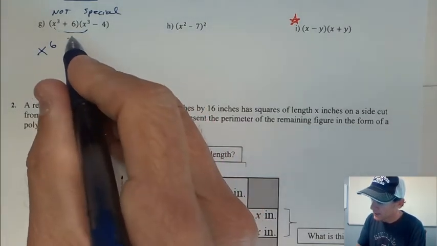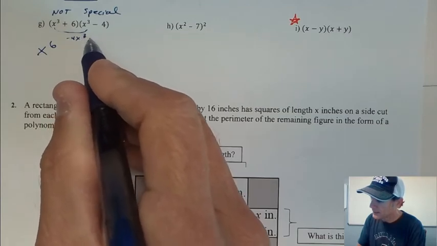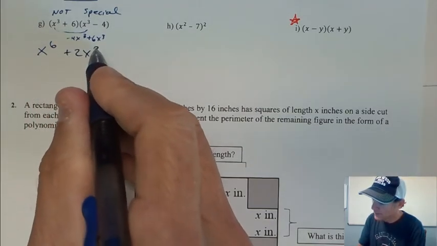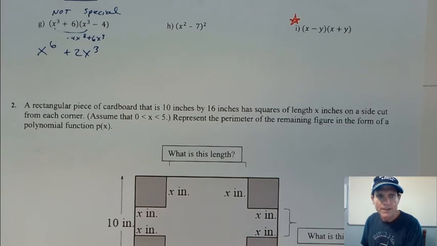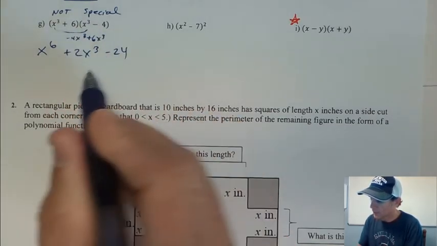Outside is negative 4x cubed. Inside is 6x cubed. So I have 2x cubed. And then last I have 6 times negative 4 is negative 24.